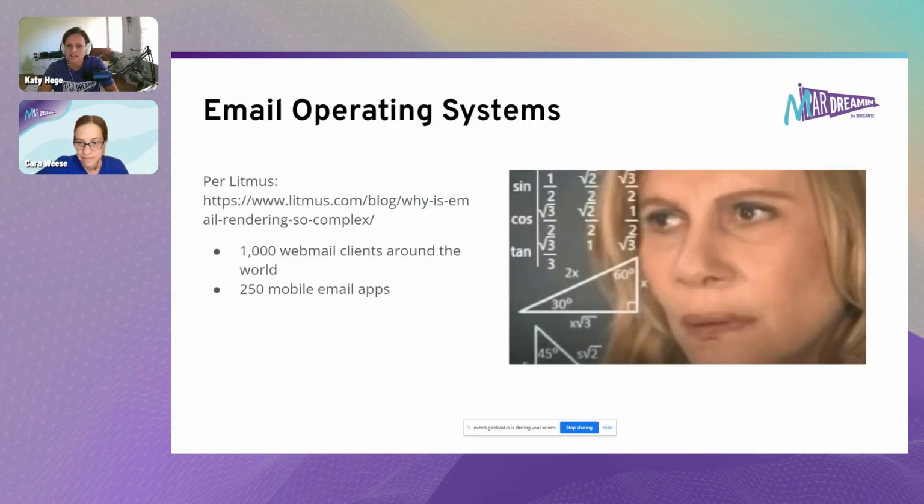So I wanted to talk a little bit about the email operating systems. There's a great article by Litmus that talks about why is email rendering so complex. And in there, it talks about all the email platforms used. Litmus has identified about 1,000 webmail clients around the world, plus roughly 250 mobile email apps.